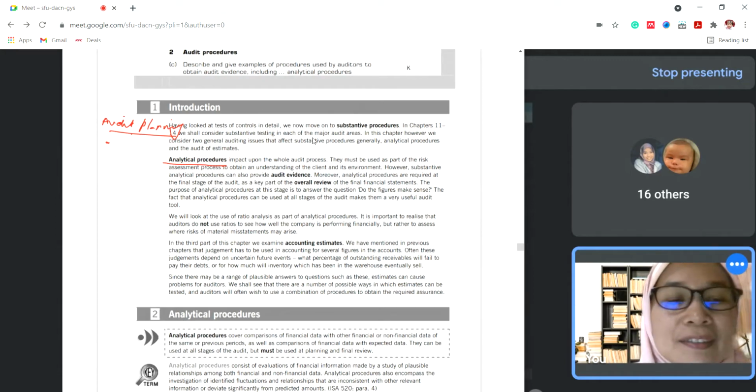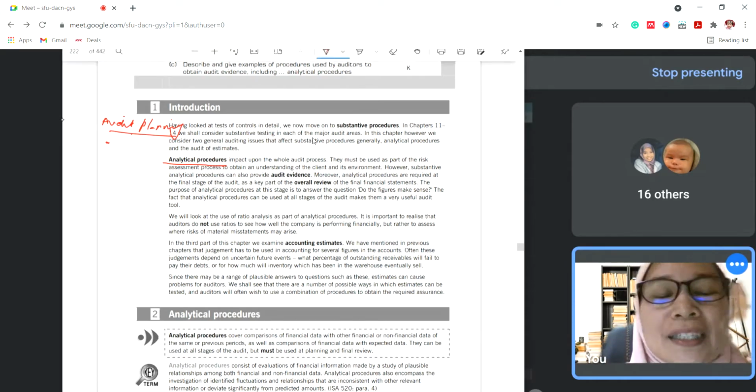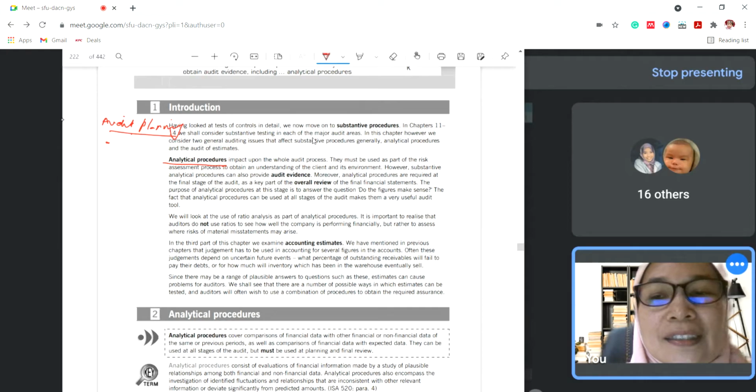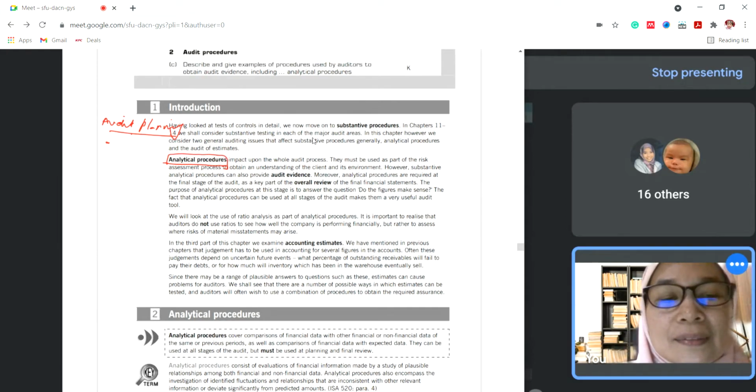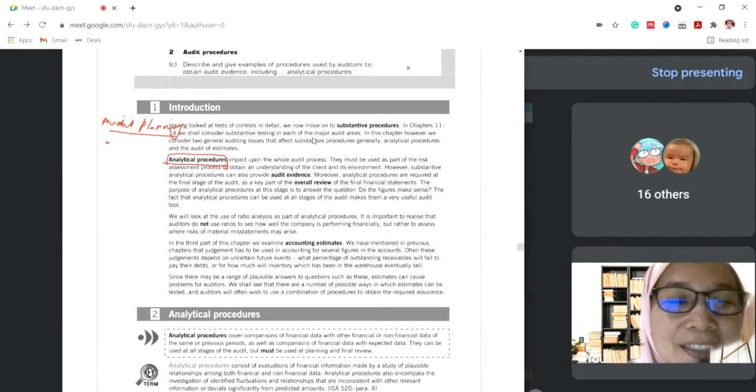Fitri? Still remember, Fitri? The analytical procedure that you learned in the audit planning chapter. Why do you perform the analytical procedure at the planning stage? Fitri, do you hear me? Fitri?